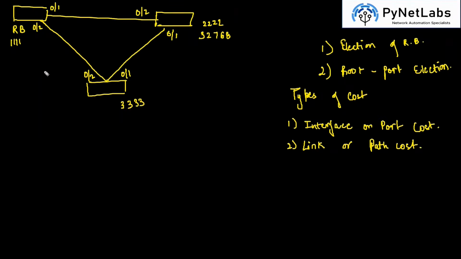So there are some default costs which are calculated on the basis of bandwidth. I am writing some of them.